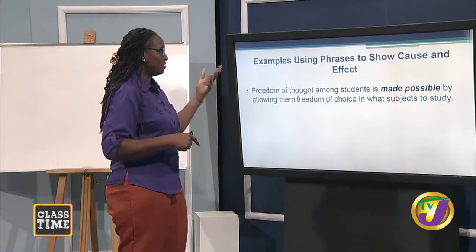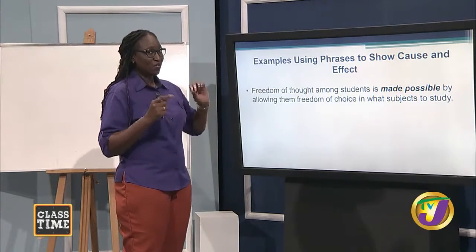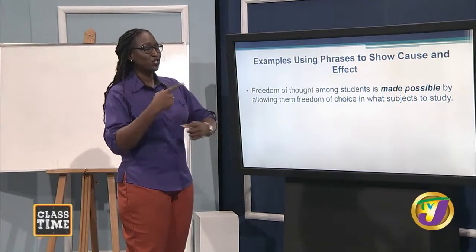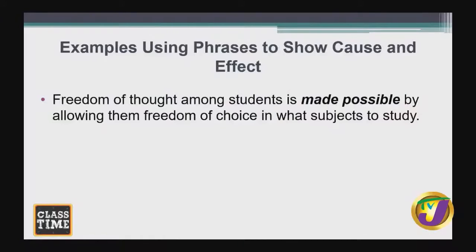So the effect will be freedom of thought, and the cause will be freedom to choose. So you don't have to put the cause before the effect. You can actually put the effect and then go back to what caused it. So those are two different ways you can try it out. Again, remember, we're promoting creativity, we're promoting difference.